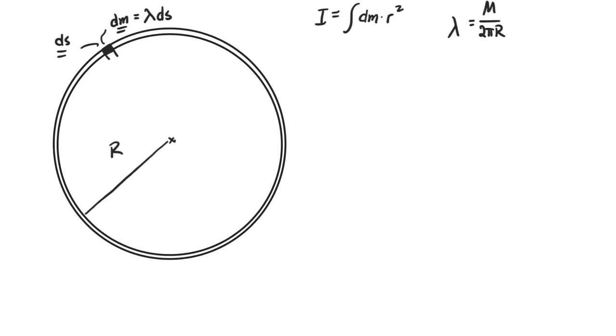Any question about that? This is exactly how we did it yesterday. Here's where we're going to veer a little away from yesterday to set us up for our next example. That arc length can actually be expressed as an angle.